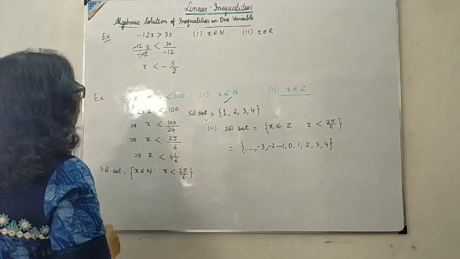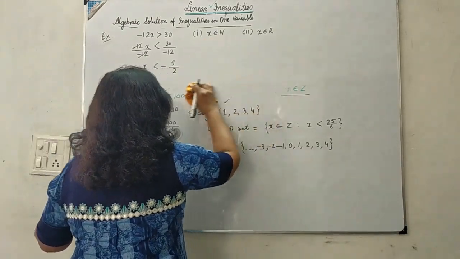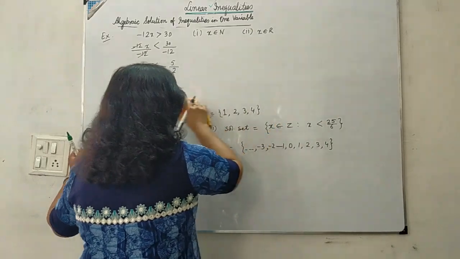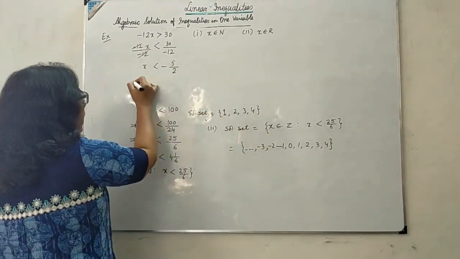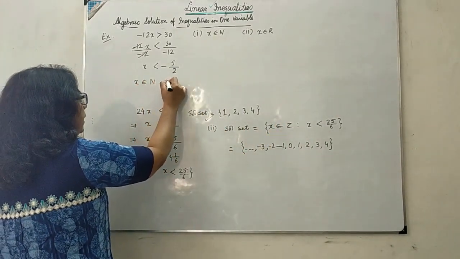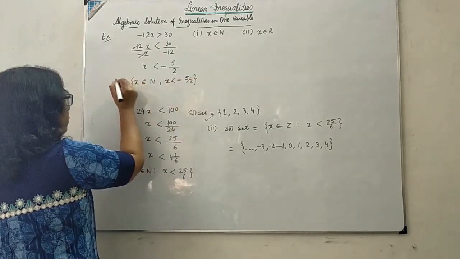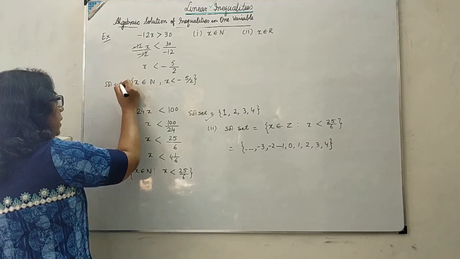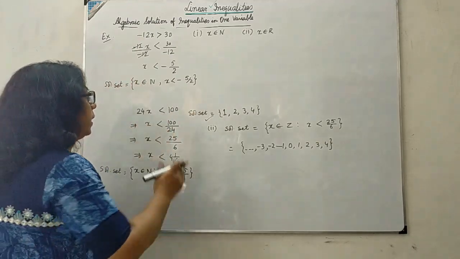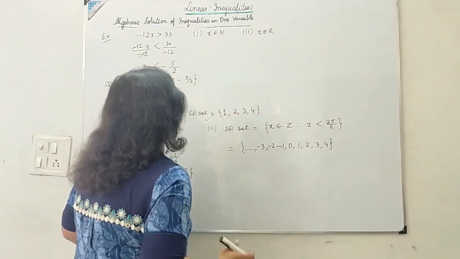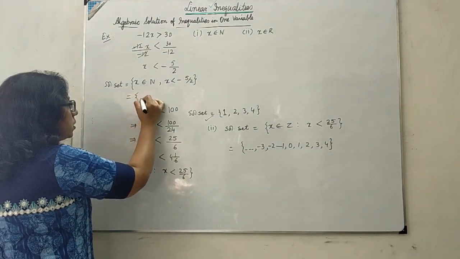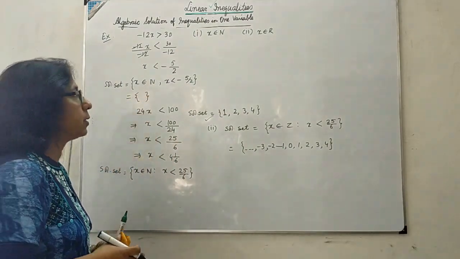Now we have x belonging to N. In this case, can any number which is less than minus 5 by 2 satisfy this? Any natural number? This is minus 2.5, so there is no natural number, so the solution is only an empty set.